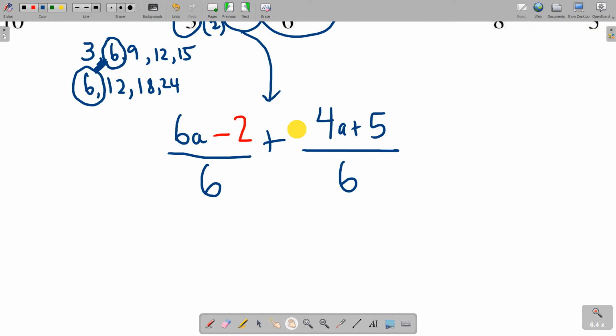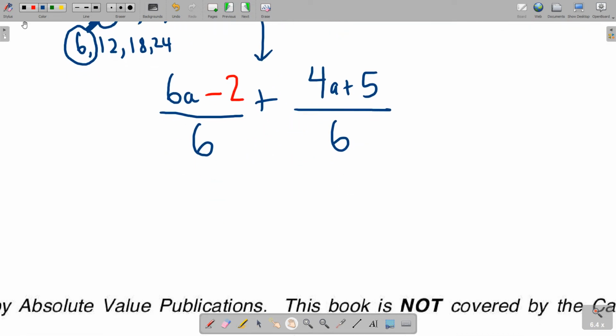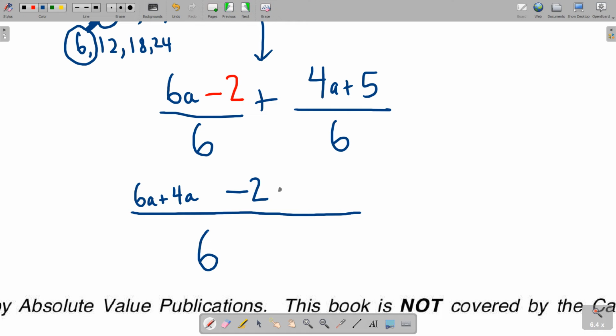Next stage of the writing. I have to redraw not all of it, but the idea is a large vinculum, the fact that now I can combine the terms because they have the same denominator. I'm going to put them in order of the a's first, so 6a plus 4a, minus 2 plus 5.